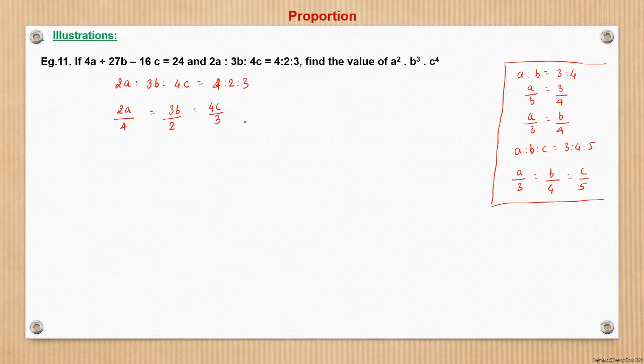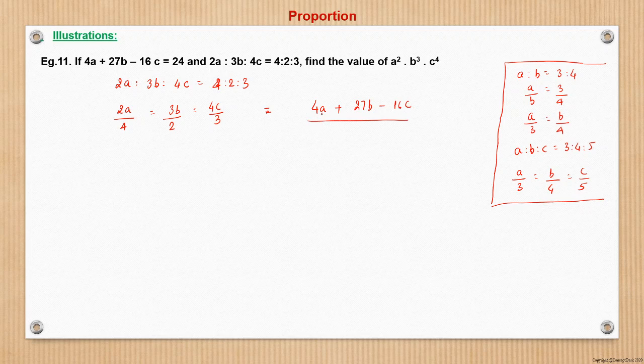right? And we have been given 4a. So now let us see. I can directly write this. This will be equal to 4a, that is 2 times this coefficient, plus 27b, that is 9 times this, minus 16c, that is minus 4 times 4c.